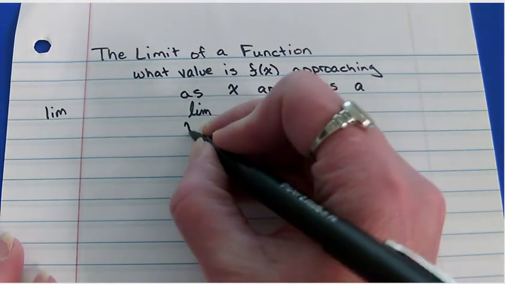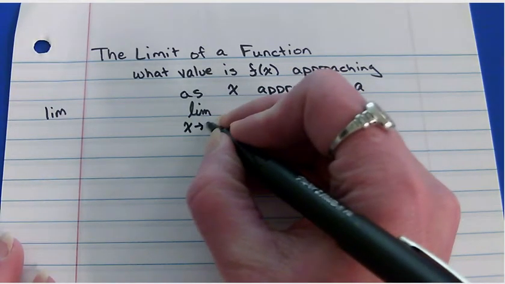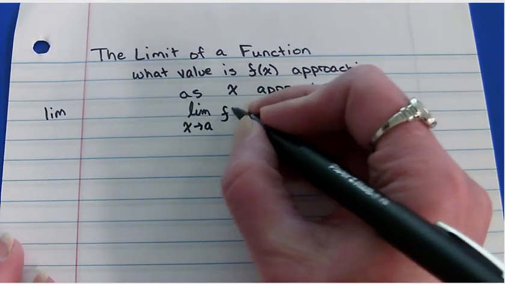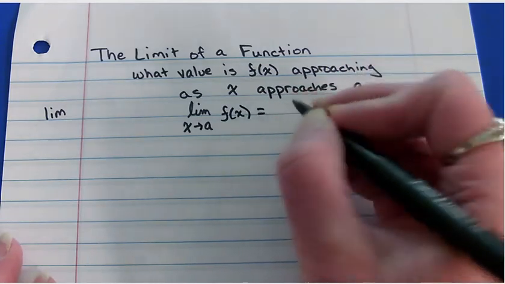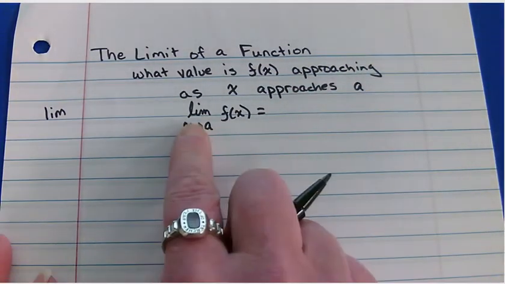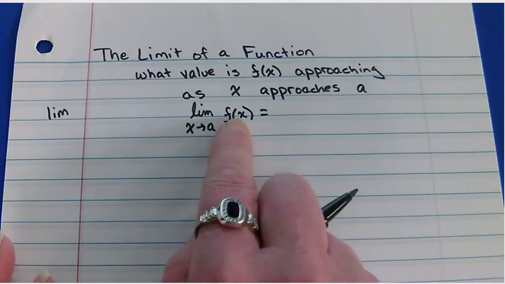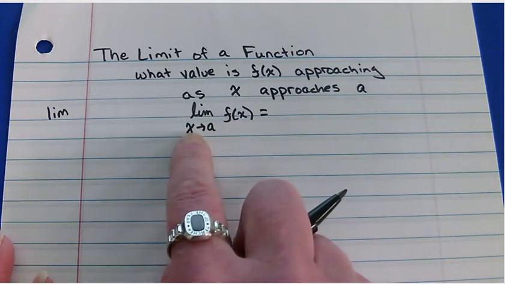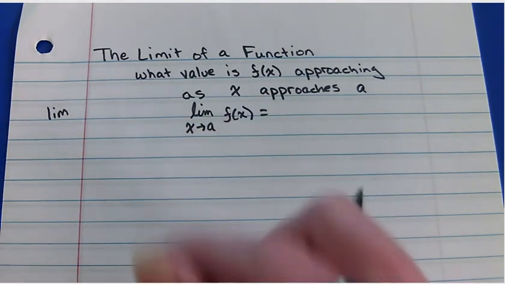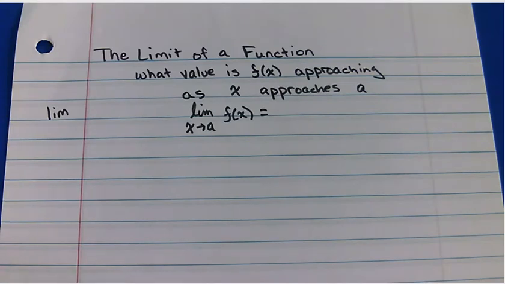And we say the limit as x approaches a of our function equals what? So this notation means what value is f of x approaching as x approaches a. And the subtleties in that language mean that I don't really care what happens at a. I'm looking as I approach a.